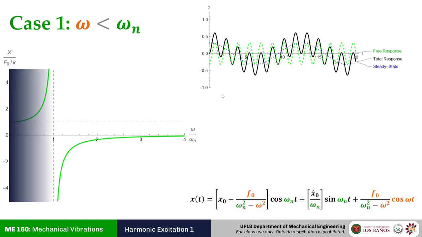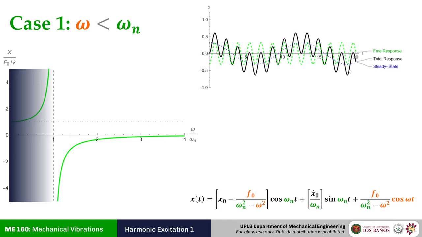First and foremost, since your forcing frequency is a lot smaller than the natural frequency, it tends to be the big brother sine wave to your free response. If you see here, black is the total response. Your free response portion is actually quite small.